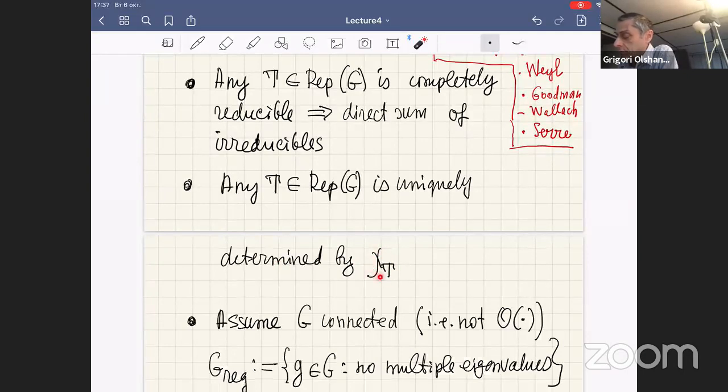So for some problems, we can forget about representations and deal with their characters. A representation is an operator valued function, and the character is a scalar function, so it's a simpler object. There is a great advantage to dealing with characters and not with representations.